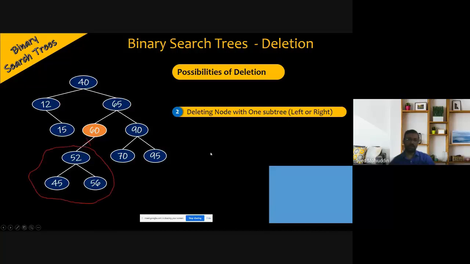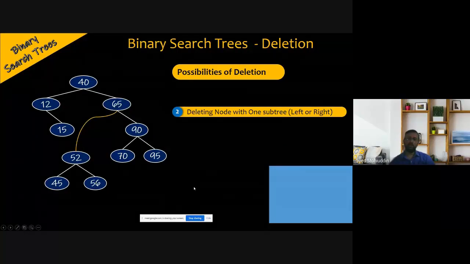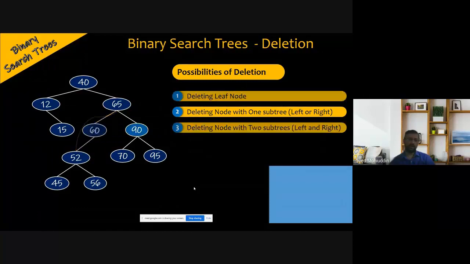We first remove the node, then make the left child of node 65 as node 52, and the rest of the tree structure remains the same. So this is how we delete nodes with one subtree, left or right.